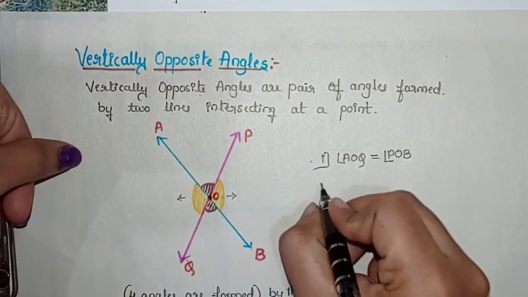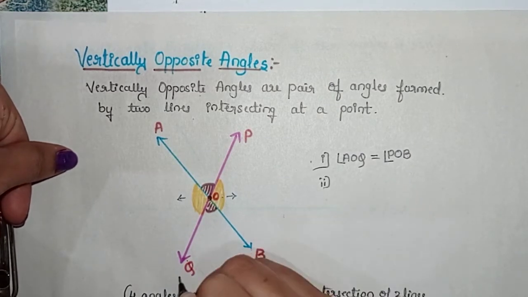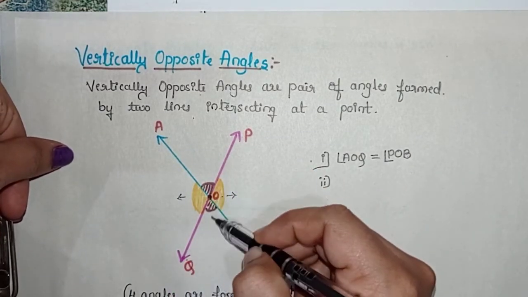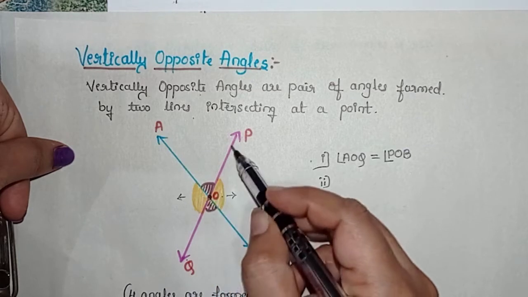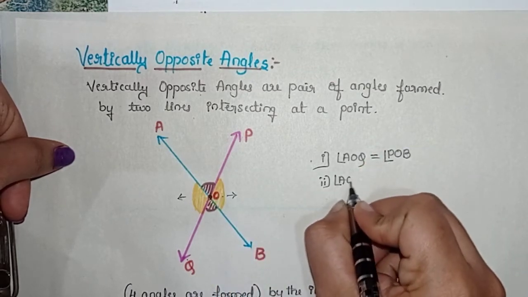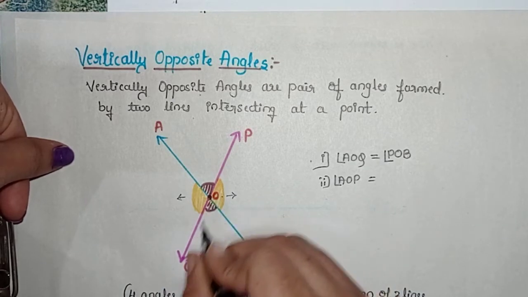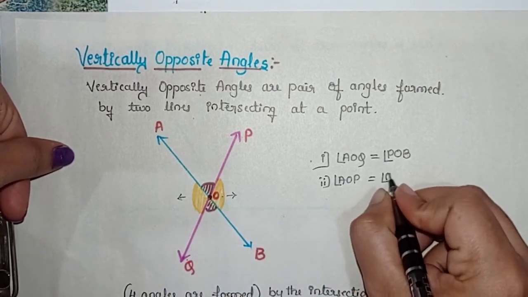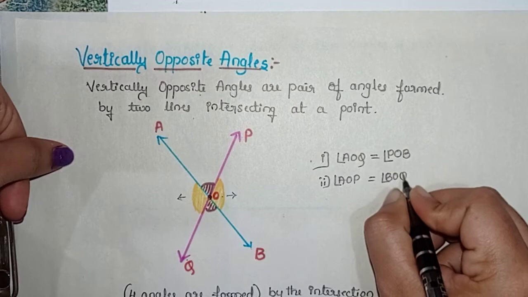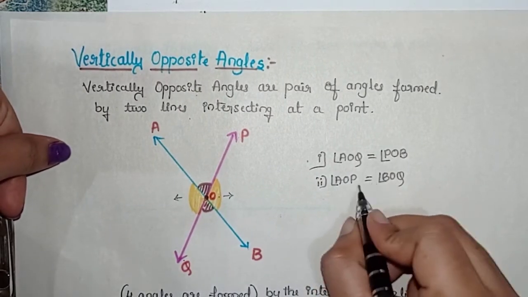Now one more pair you can find here, the brown color marking. Angle AOP is opposite to which angle? Angle BOQ. And these two are equal to each other.